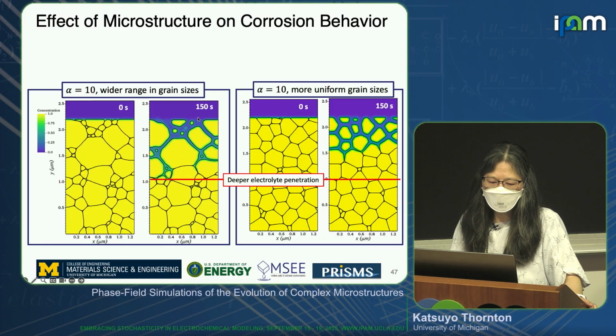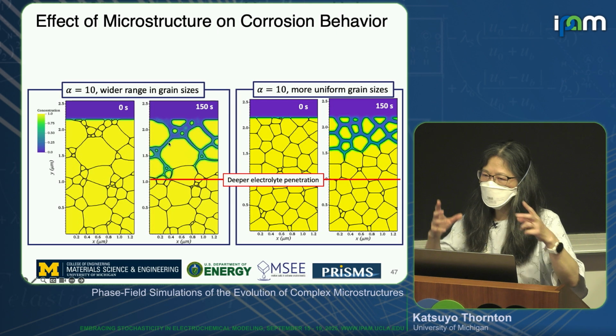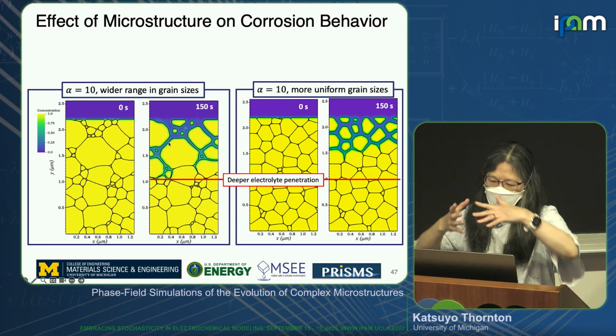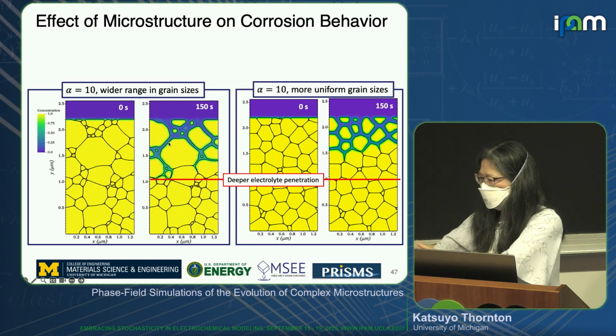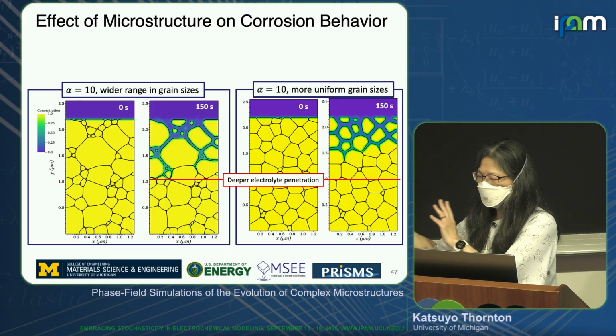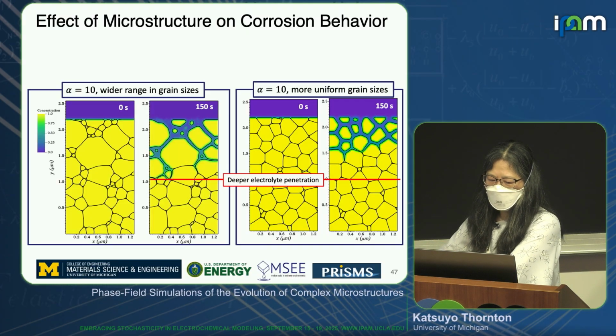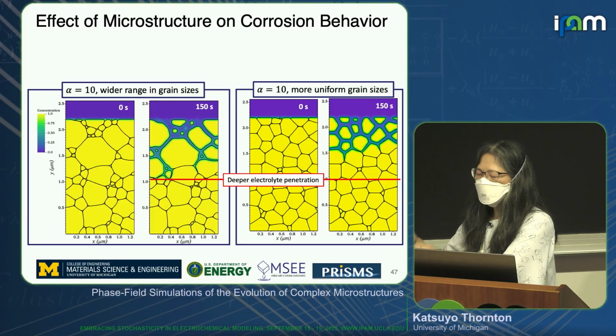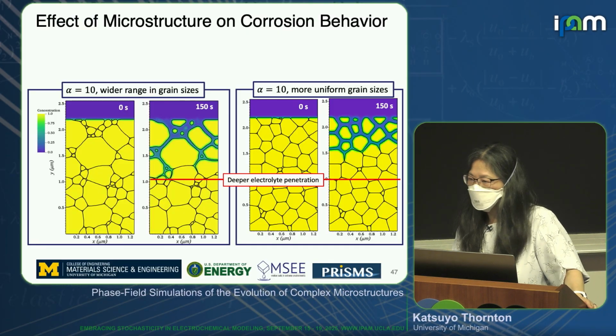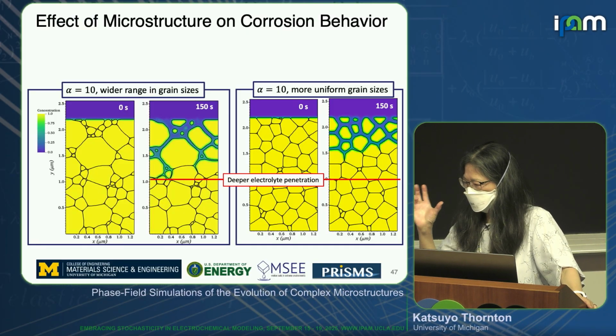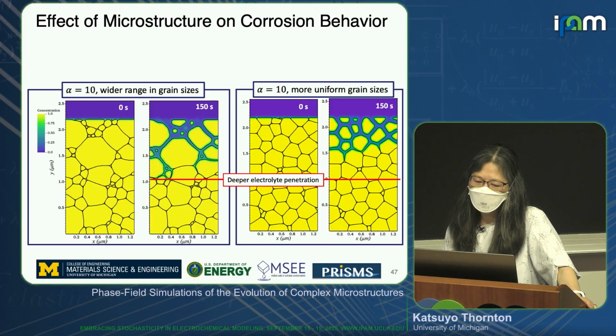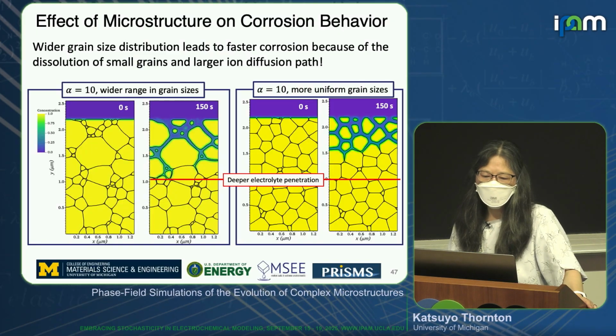But then we realized that the small grains actually dissolve and then give this kind of fast path of ionic transport through the penetrated electrolyte path. So that makes sense.